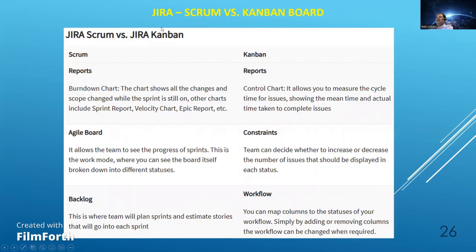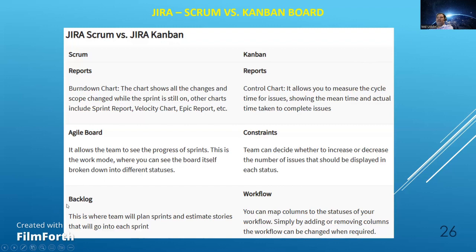So these are the Scrum versus Kanban differences, like reports. You can have a burn down chart in Scrum, but in Kanban you will have a control chart, right? In Scrum you will have an Agile board, whereas in Kanban you will have a constraint. In Scrum we call it a backlog, in Kanban we call it a workflow.